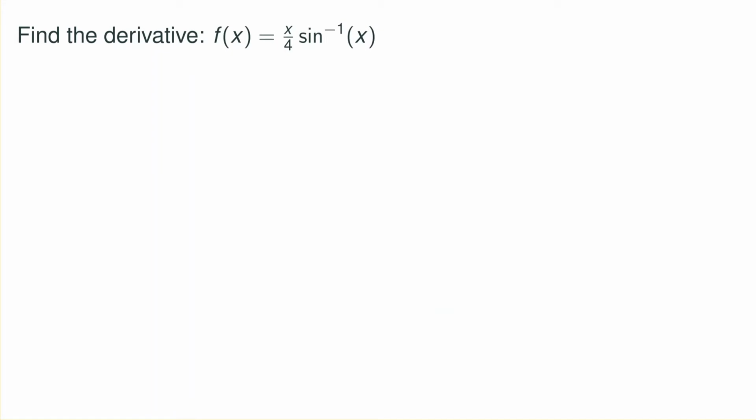Find the derivative of x over 4 times sine inverse of x. So this right here is sine inverse, and this is x over 4. So we have to use the product rule. Let's write out the derivative first, and then we'll find each derivative.